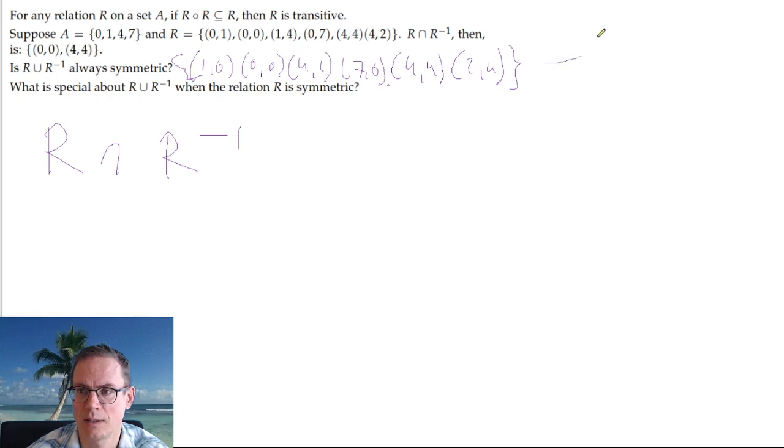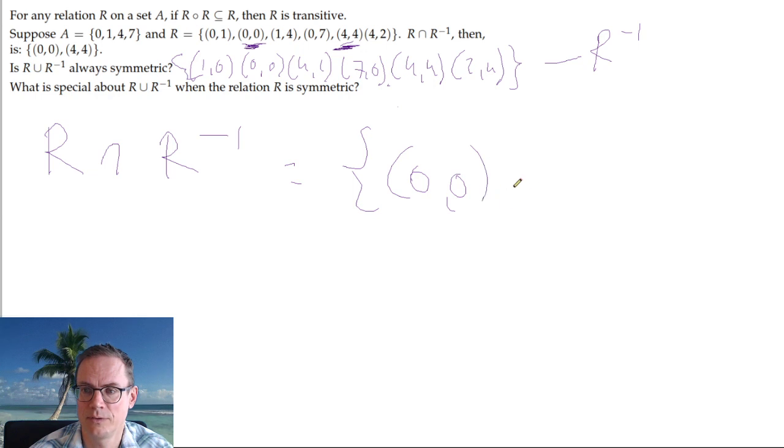So this is R minus 1. All right, now the intersection means elements that are in both. Well, which elements are in R and in the inverse? Well, only 0,0 and 4,4. So yeah, that's correct. The intersection of these two relations is 0,0 and 4,4.